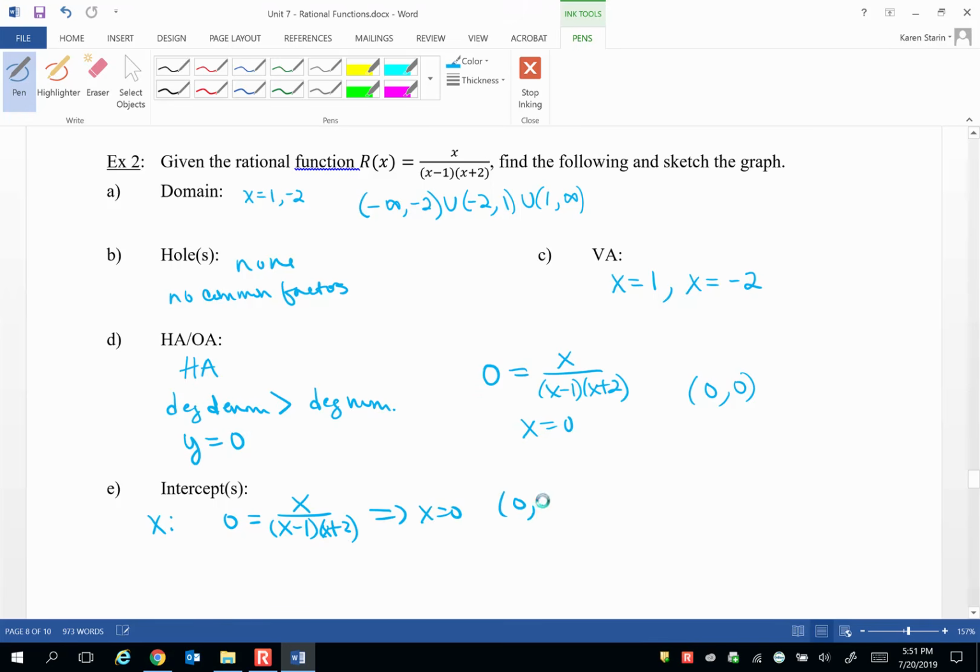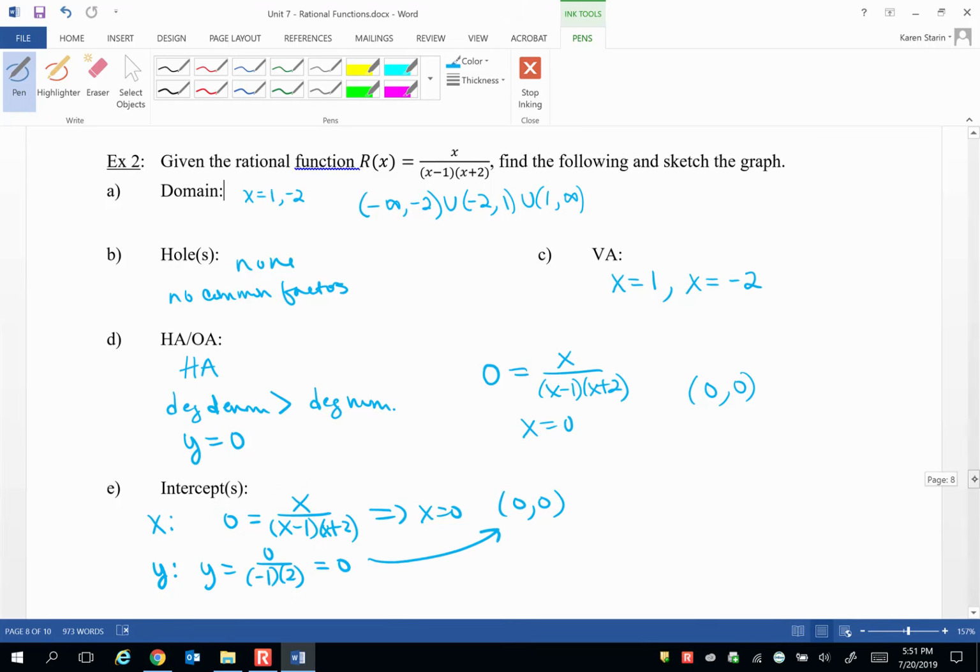So we have an x-intercept of 0, 0. And also that's our y-intercept. But if we did the algebra for the y-intercept, we're just plugging in 0 for x. So y would equal 0 over negative 1 times positive 2, but that's still 0. So we came to the same point. So the origin is both the x and the y-intercept.